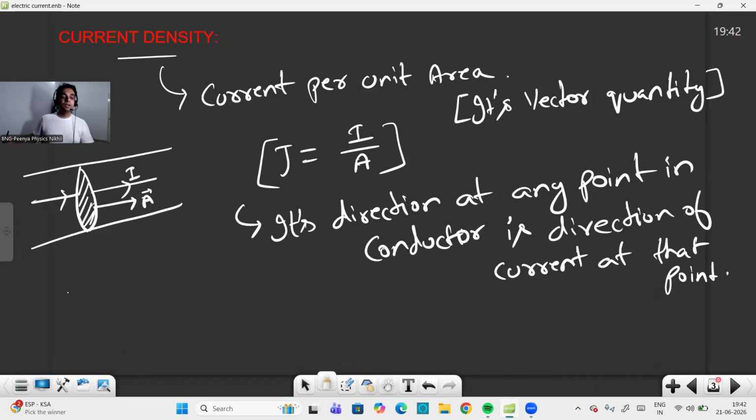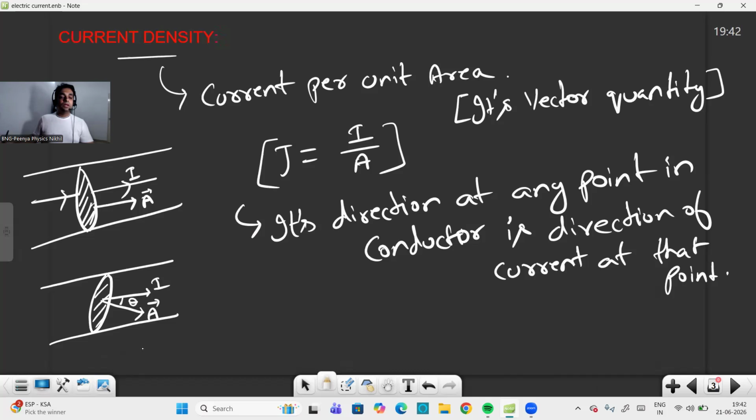J equals I by A. For example, if we take the cross-section area a little tilted by angle theta, then the area vector is also tilted by theta. And the current is in the same direction like this. Now theta is the angle between the current and the area vector.